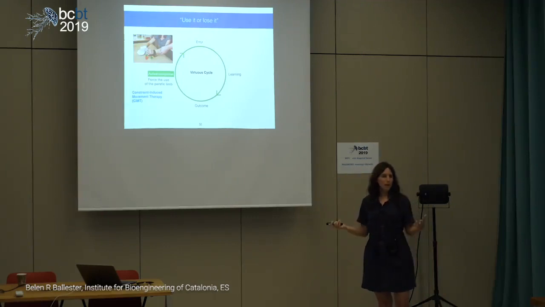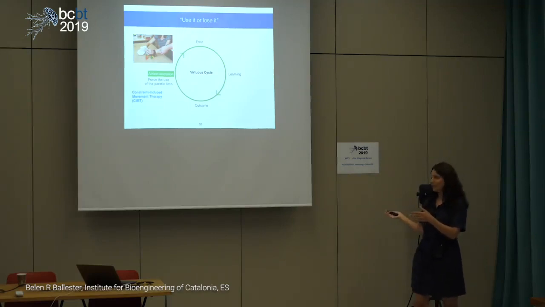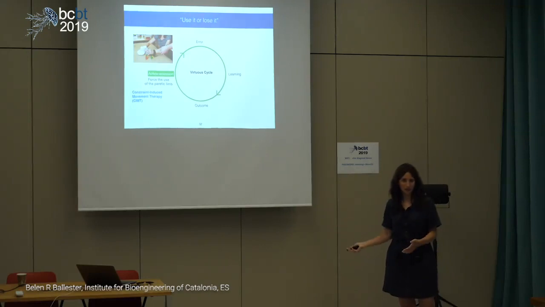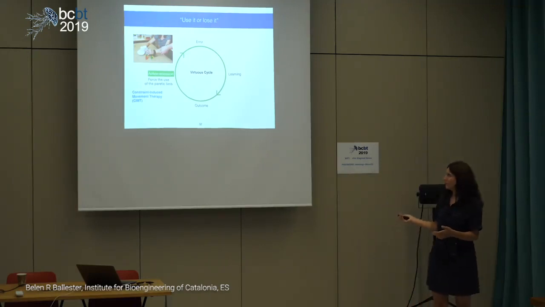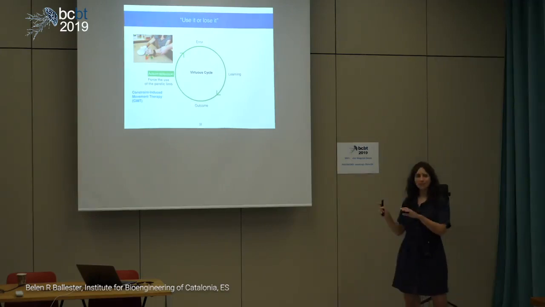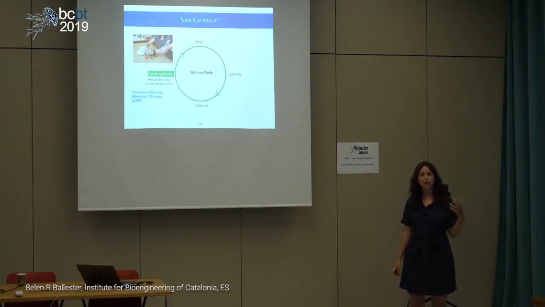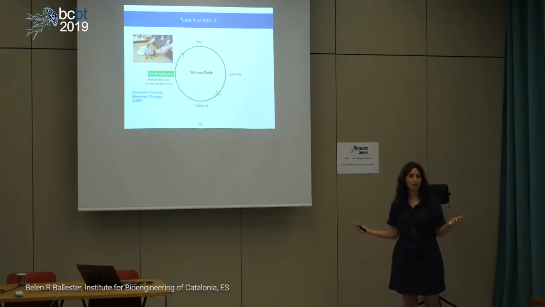One way to reverse that vicious cycle and convert it into a virtuous cycle is constraint-induced movement therapy, which is actually standard nowadays. And you will find it surprising because first, it's a standard that can only be applied to 7% of stroke patients. It consists in placing a mitt or restricting the use of the non-affected arm. So these patients are forced to use the affected arm during 80% of their day, right?